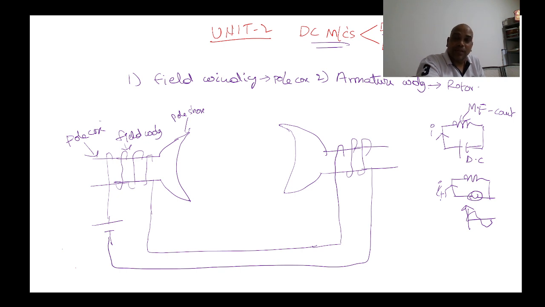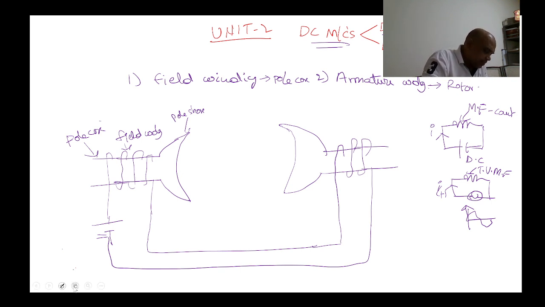So time varying current gives a time varying magnetic field. Here, if you give DC supply to the field coil, a constant magnetic field is developed in the field coil.